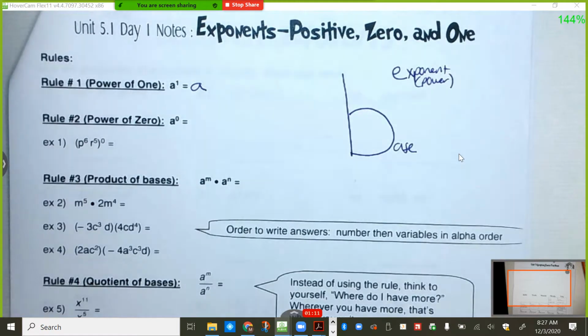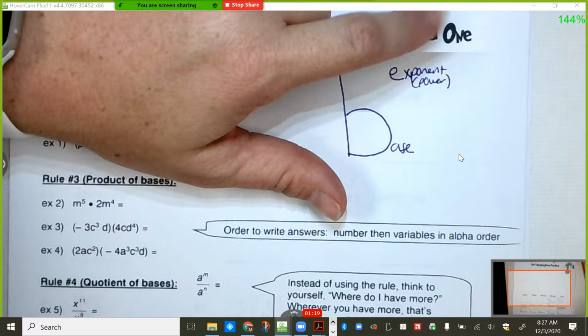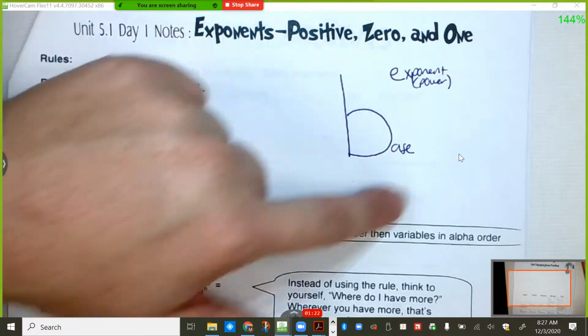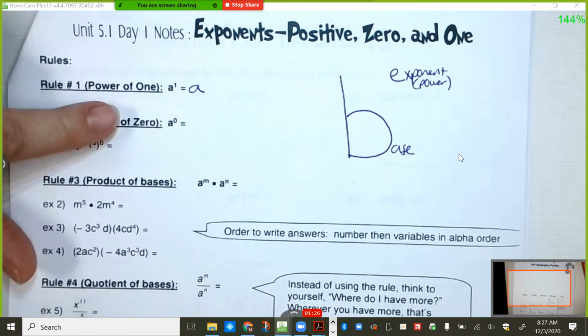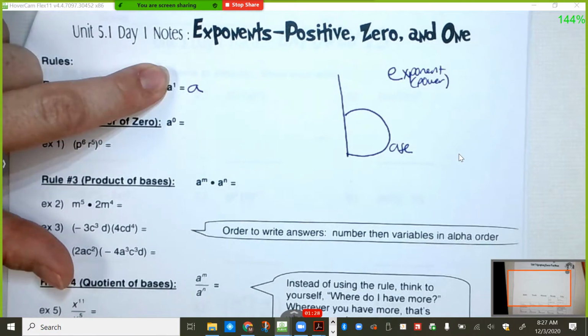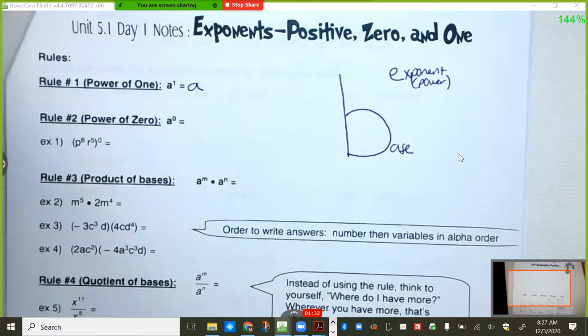Yeah. Okay, you can say the power, you can say the exponent. Either way, it's the same thing. Anytime I talk about the base, I'm talking about whatever has that exponent, whatever the big number or letter is. Yes? Okay, so like here, this is base of A, exponent 1. Obviously, I'm not going to say that. I'm going to say A to the first power, but just so you know.